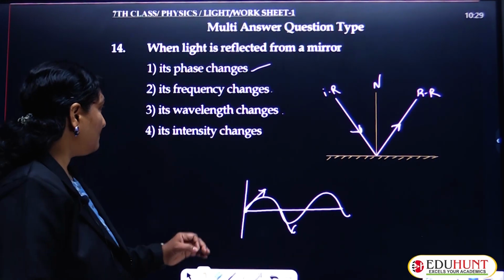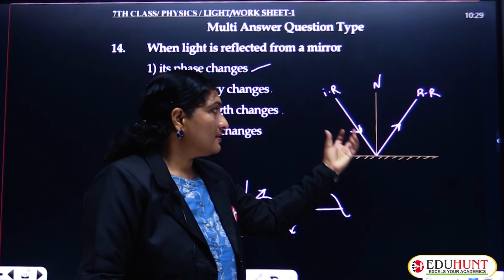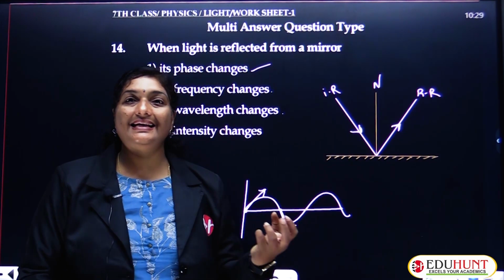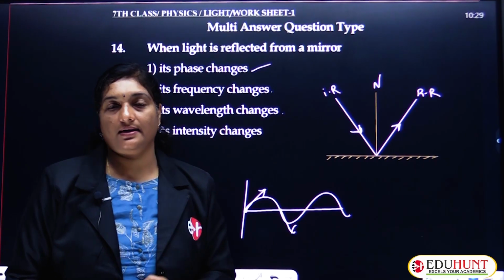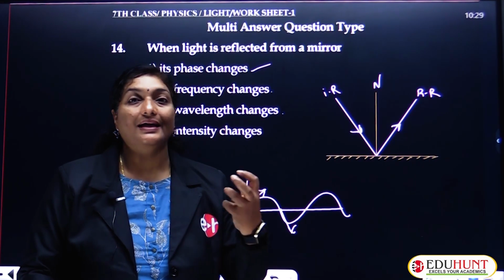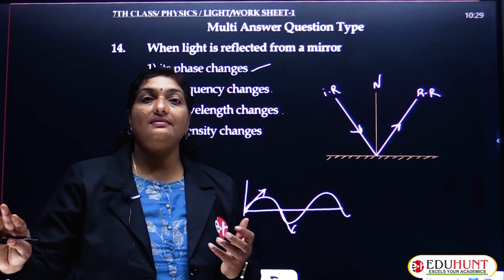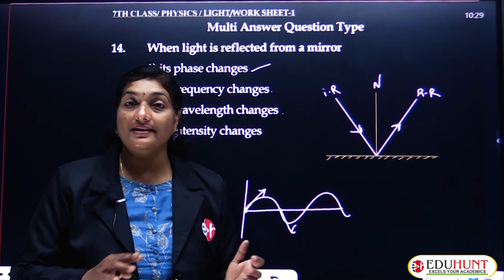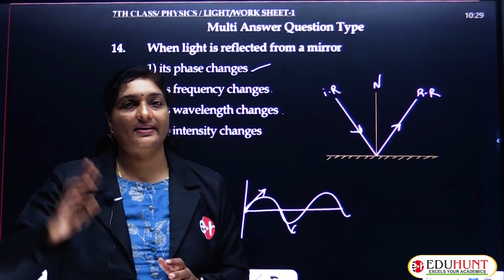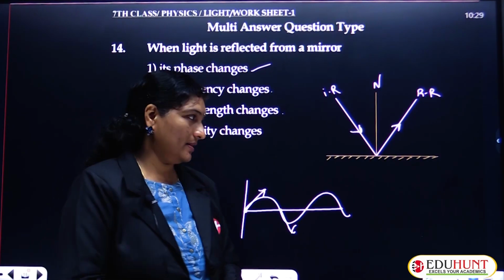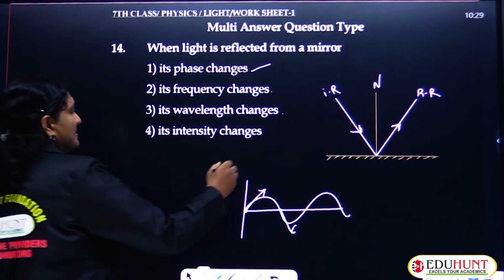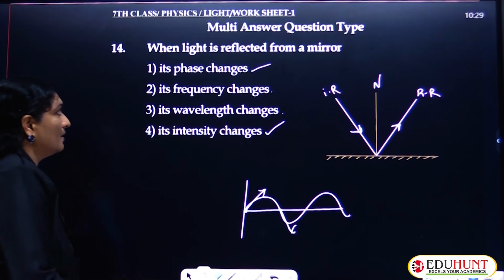That means as some amount of incident light ray is absorbed by the surface, no doubt intensity of light is decreased, intensity of light is reduced when it is reflected back into the same medium. So slight change in intensity is being observed.